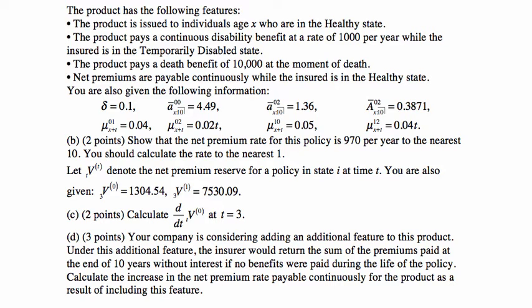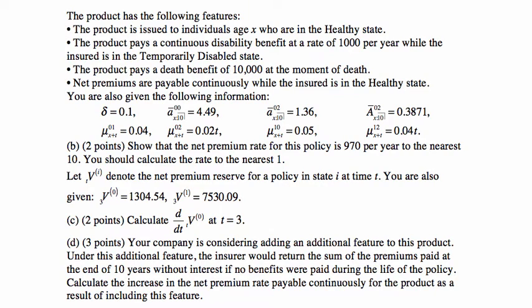So part B says, show that the net premium rate for this policy is $970 per year to the nearest 10. You should calculate the rate to the nearest 1. Then we look at the net premium reserve for a policy in state i at time t.